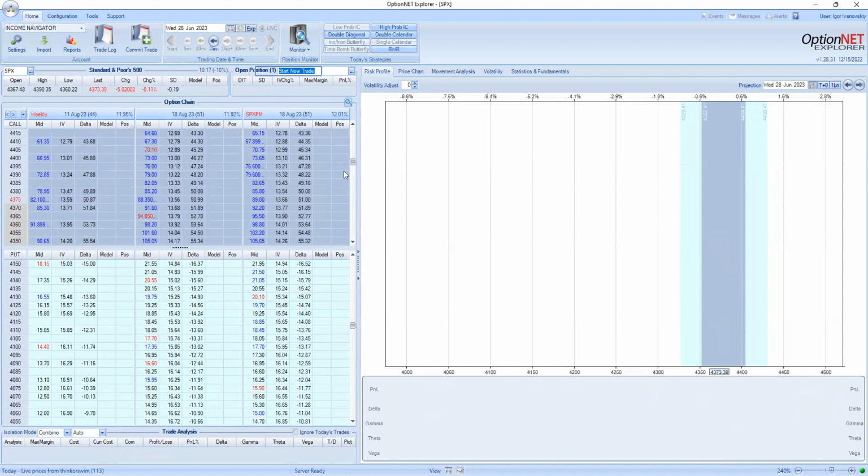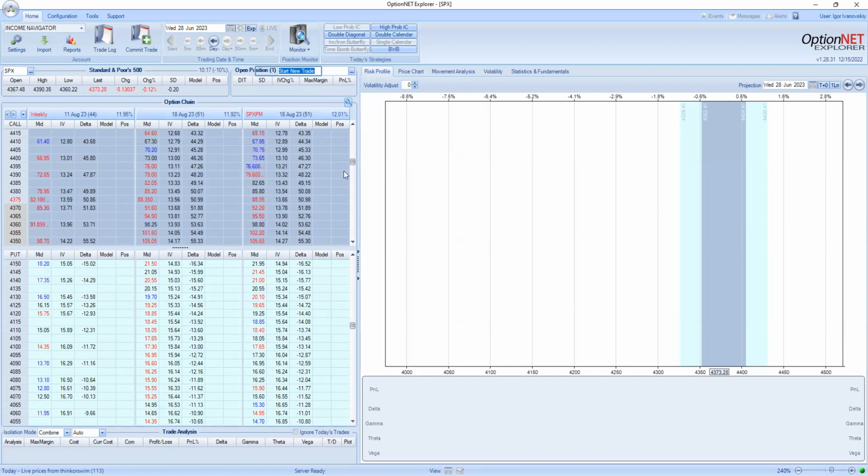Before we look at the strikes and credits and debits and all that stuff, you want to understand how long you want to be in the trade. Now, we did some back testing and tried different time frames. 112 works on any time frame, whether it's 21 days, 45 days, 60 days, 95, 120.